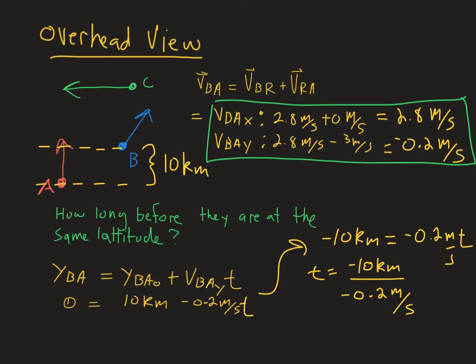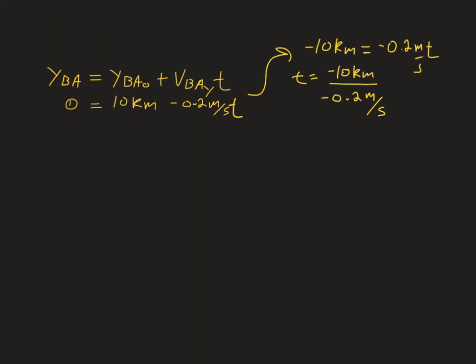Let's actually just move to a clean slide. Okay, so that will be T equals 10 kilometers. The K is 1,000, so that's going to be 10,000 meters. The minus signs cancel, so I'm just going to write this down on top: 10,000 meters divided by 0.2 meters per second. Let's do the numbers first.